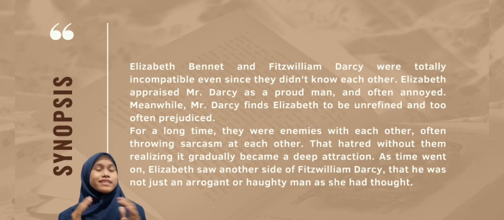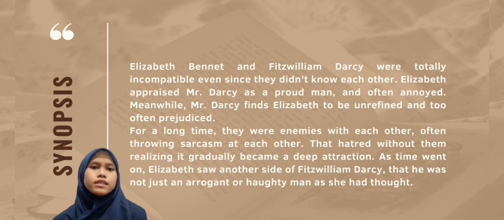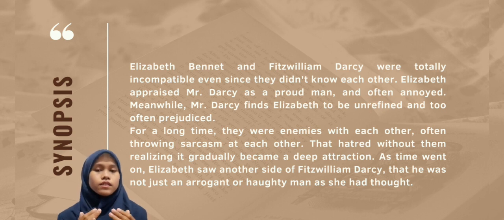Okay, the synopsis begins from Elizabeth Bennet and Fitzwilliam Darcy, who were totally incompatible even since they didn't know each other. Elizabeth appraised Mr. Darcy as a proud man and often annoyed.